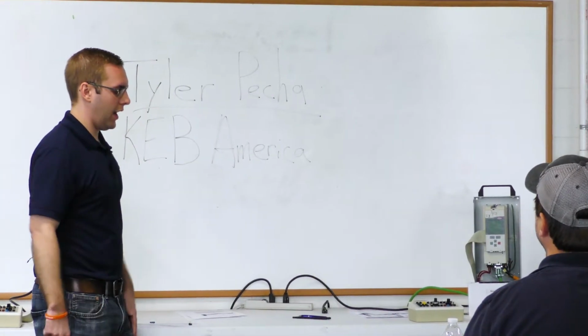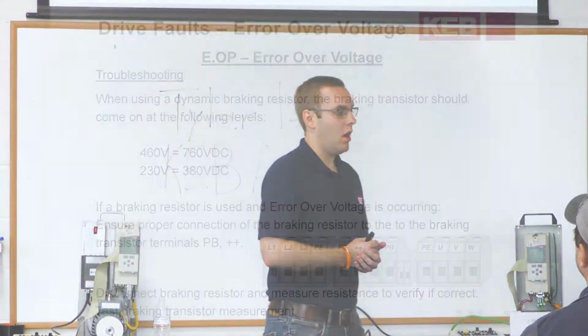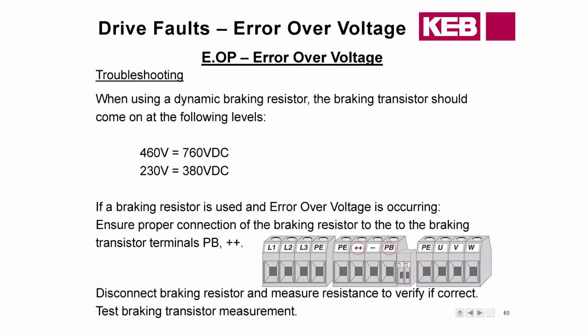So a few things to look at. One of the first things is, yes, incoming power. If you have a spike on the incoming power, if it is large enough, that will be reflected in the DC bus. So always make sure that incoming power is consistent. Another thing to check with incoming power is that your phases are balanced. If you have an imbalanced phase, that could also cause some issues here.